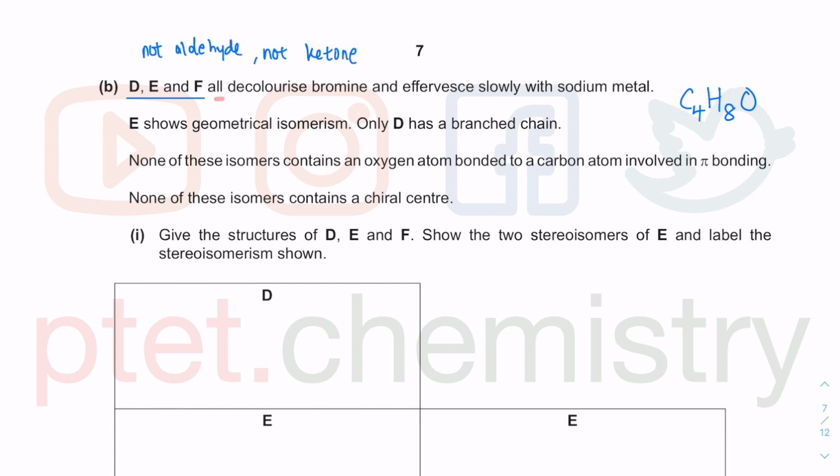But they all decolorize bromine. If they all decolorize bromine, they must have a carbon-carbon double bond. This is called the test for unsaturation. Unsaturated compounds will add bromine onto the double bond, and therefore you will get decolorization of the bromine water from orange or yellow-orange to colorless.